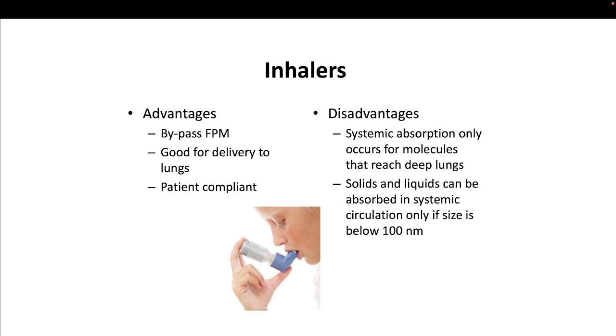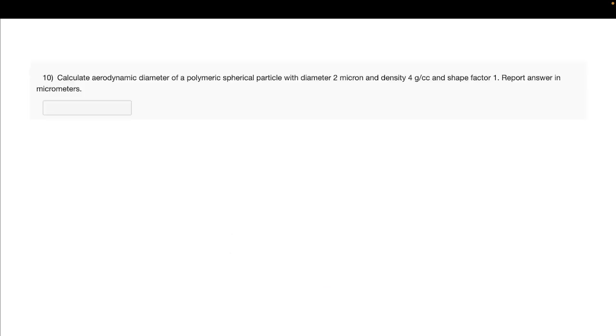Okay, then if no more doubts, I'll move on to the last question of the session. Last is, calculate the aerodynamic diameter of a polymeric spherical particle with diameter 2 micron, density 4 gram per centimeter cube, and shape factor of 1. Report the answer in micrometers.